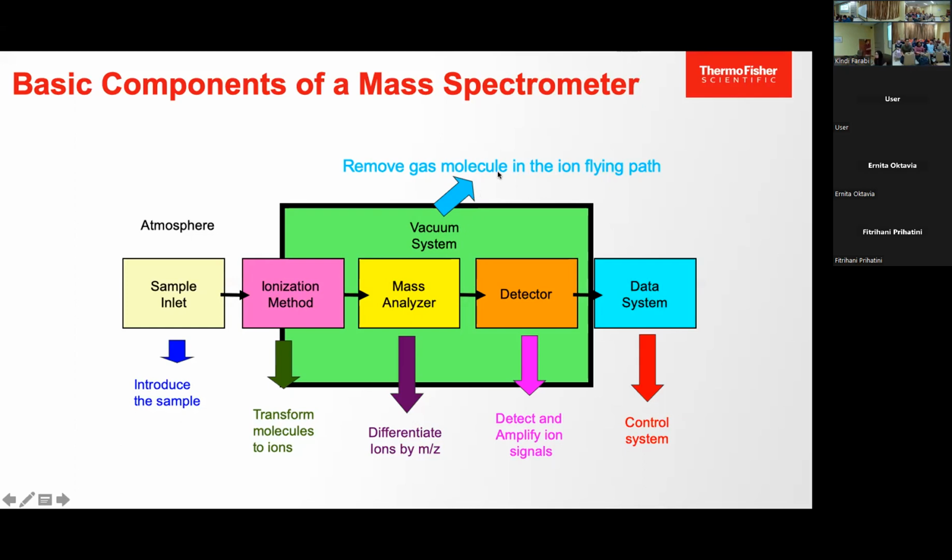Because I want the compound, after ionization, not to collide with anything else. So it will have a mean free path and travel on its own from the ionization method all the way to the detector, with no interruption and no collision.